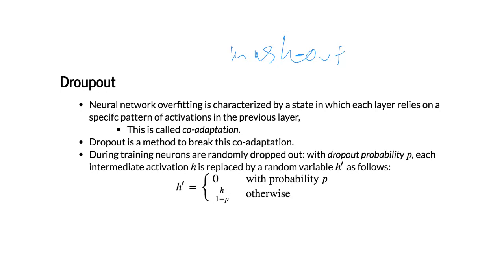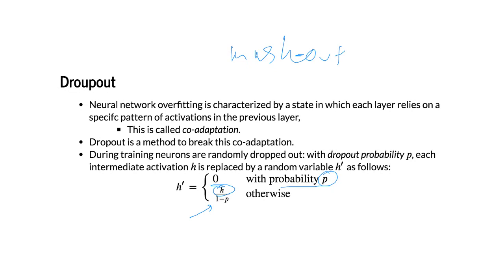It means that you take some features and you set them to 0 with some probability P. With some probability P, I take a feature and I make it 0, okay? Otherwise, I keep the same value of the feature, but I also have to normalize it with 1 minus P, okay?